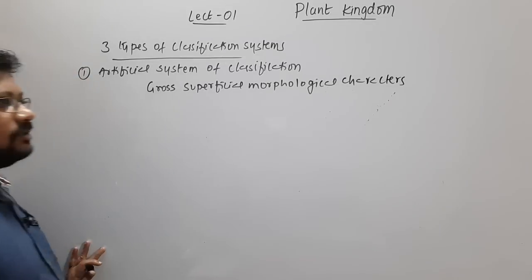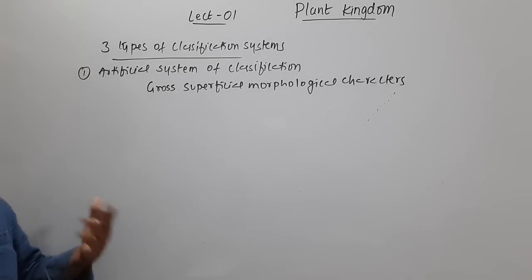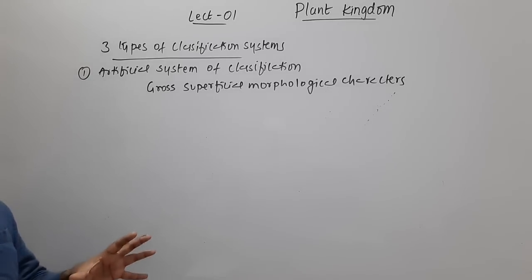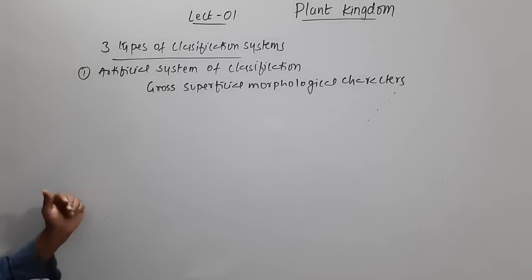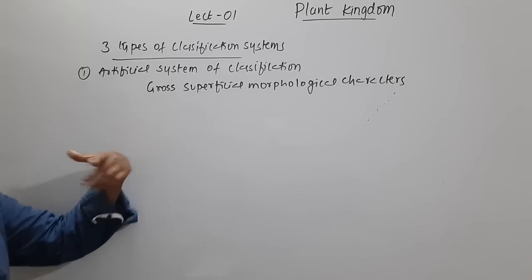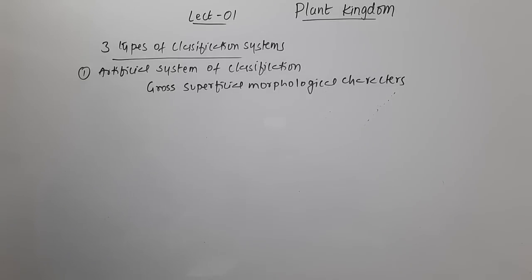I told you that in those days the microscopes were not so developed, and scientists used to see only the external features, and based on that they used to classify the plants. Gross means overall, superficial, the structure and form.